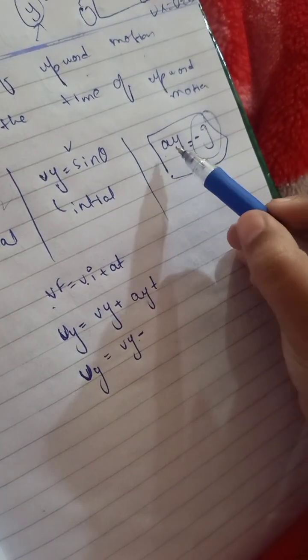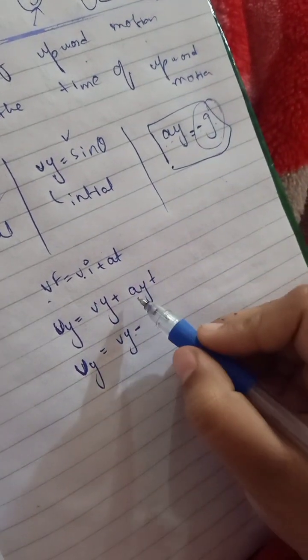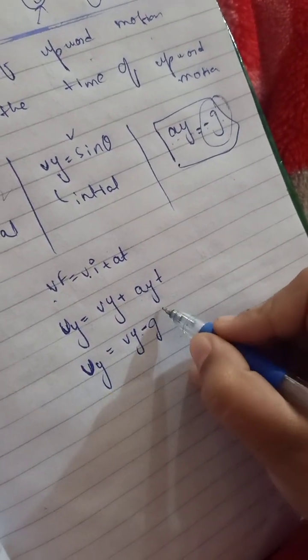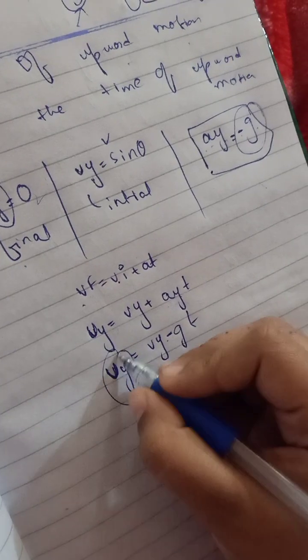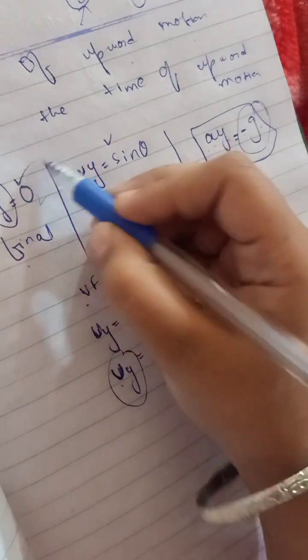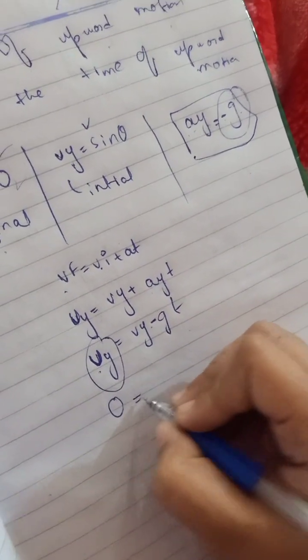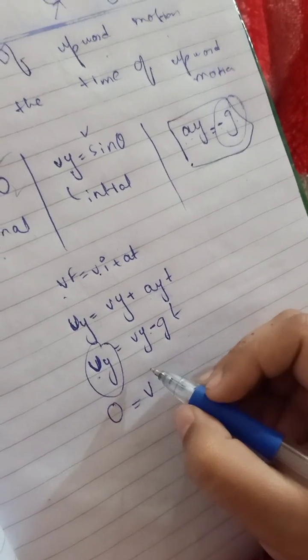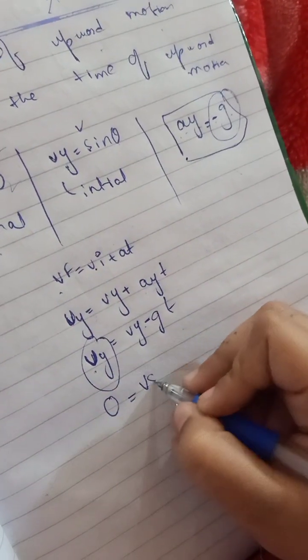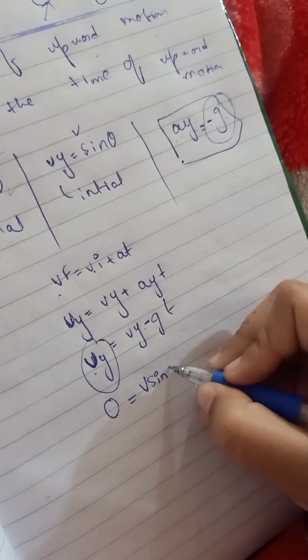Here v_y is 0, so we can write 0 is equal to the initial velocity u sine theta, minus g t.